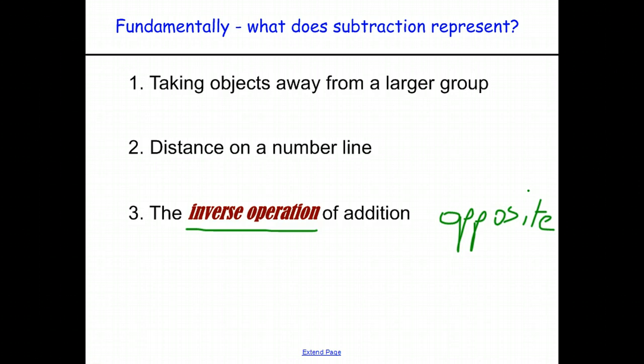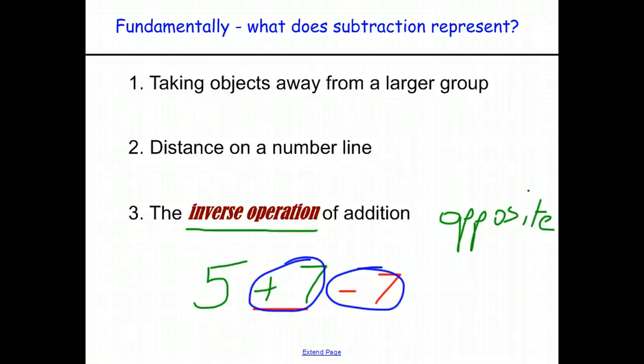Specifically, if you have a number, let's say 5, and you add another number, let's say 7, to undo the addition, you subtract 7: 5 plus 7 minus 7. Those two operations cancel out, and the answer is 5. This is what we mean by an inverse operation: subtracting one number will undo adding that number.